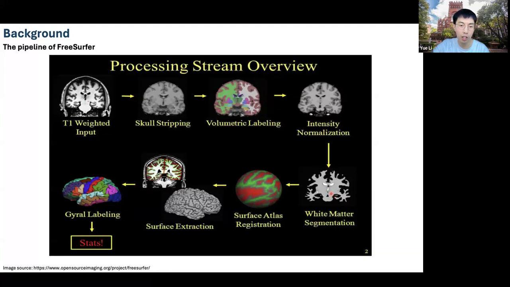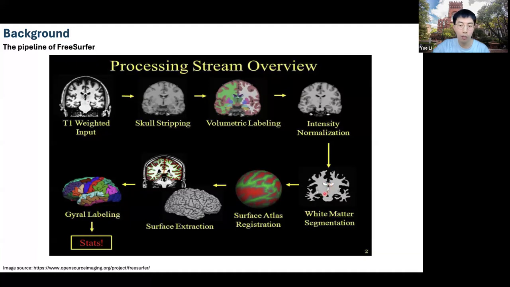Using the marching cubes algorithm, we can create the surface mesh for the white matter, which is a triangle mesh. This mesh will go through topology correction to make sure that it's anatomically plausible. And finally, it will be refined using a smoothing strategy so that we can get the white matter surface mesh.